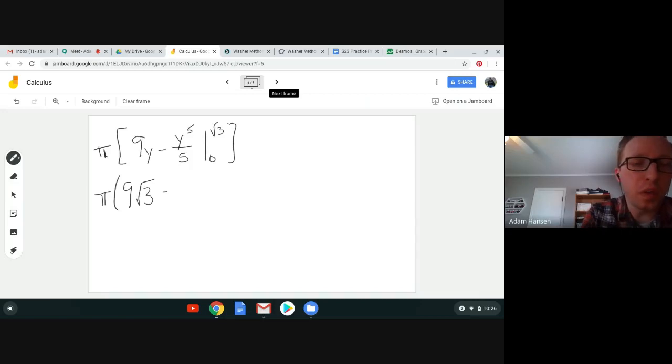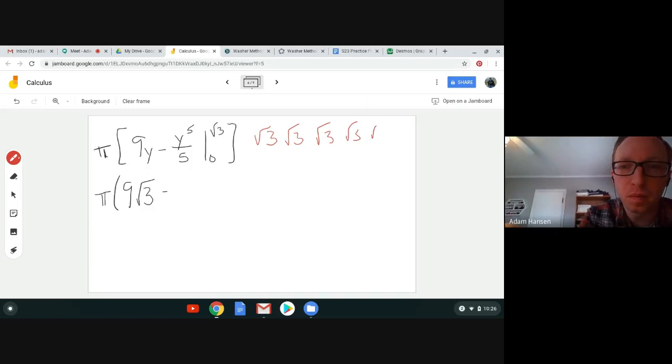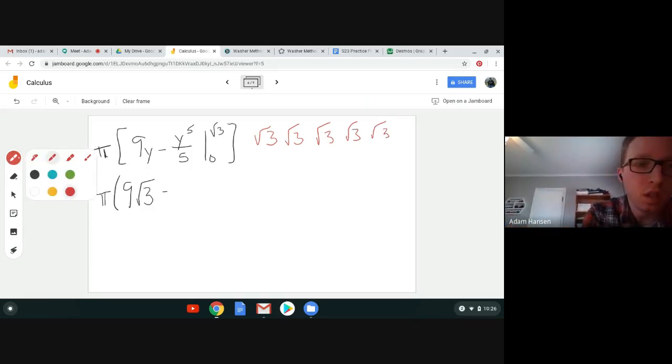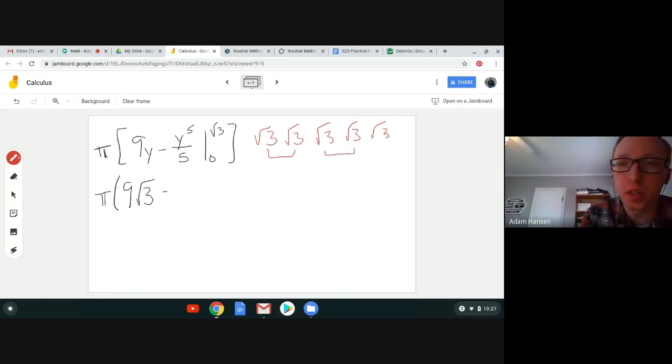It would be the square root of 3 times the square root of 3 times the square root of 3, basically 5 times. Square root of 3 times the square root of 3 is 3. Square root of 3 times the square root of 3 is another 3. Together, those make 9. So wouldn't that just be 9 square root of 3 again?